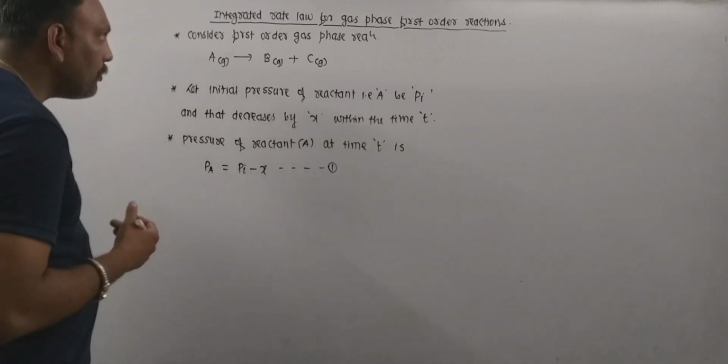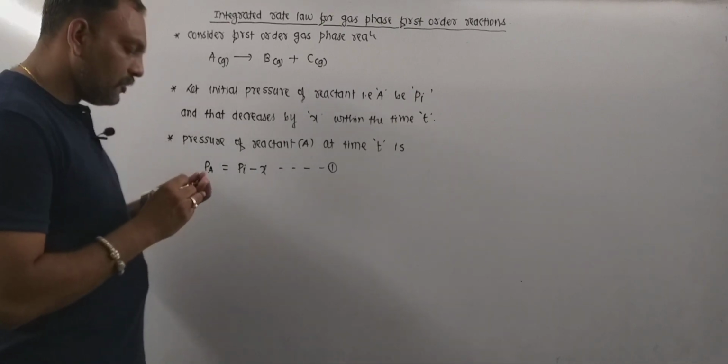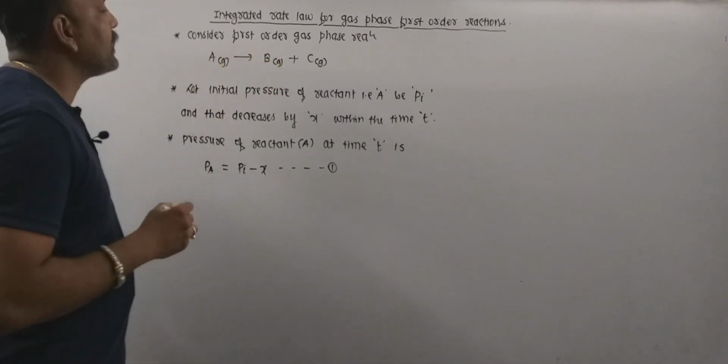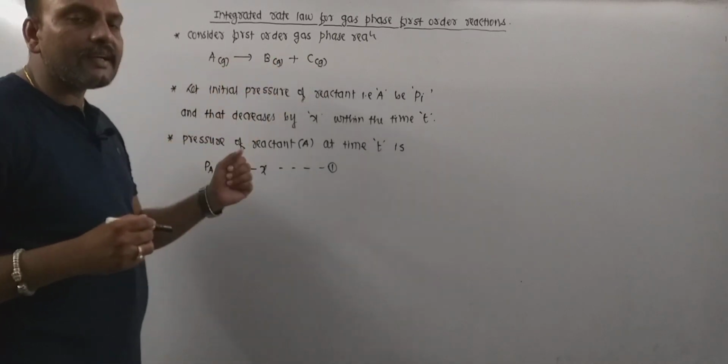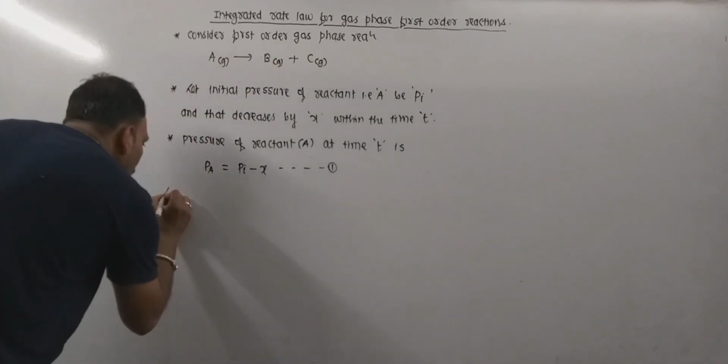Now the pressure of B and C, that is the products. Remember, the number of moles in the stoichiometric equation of B and C is the same. Therefore, their pressures will also be the same.